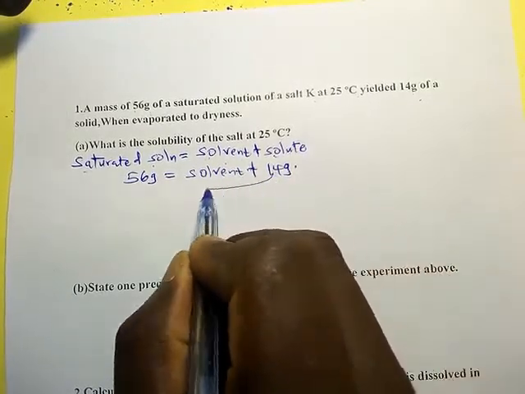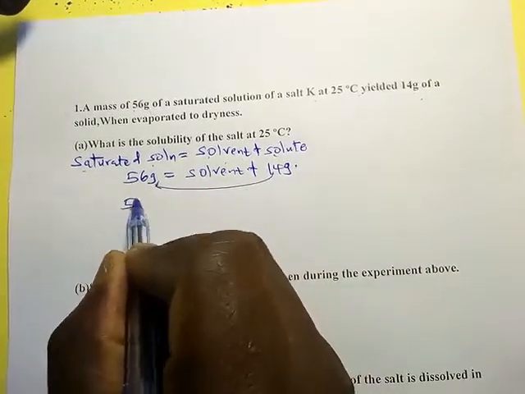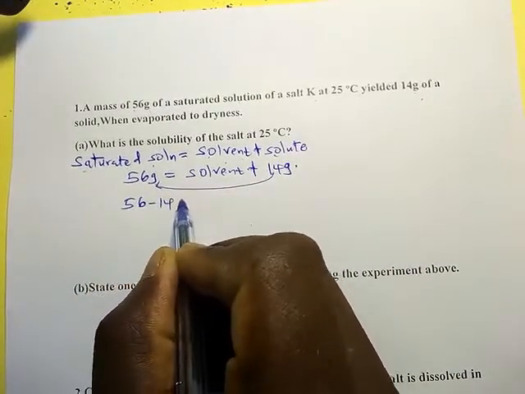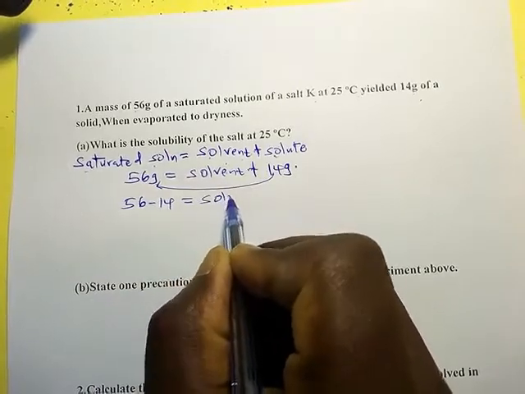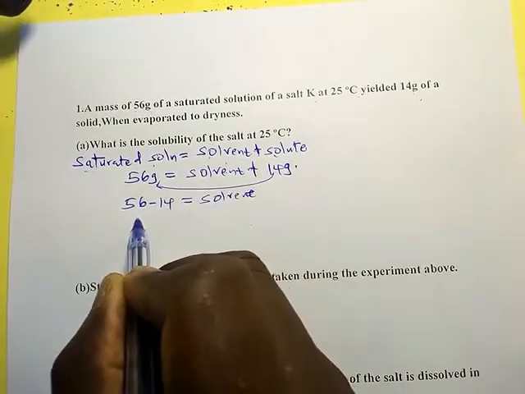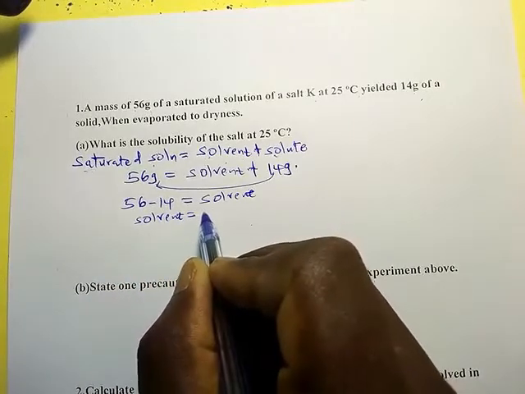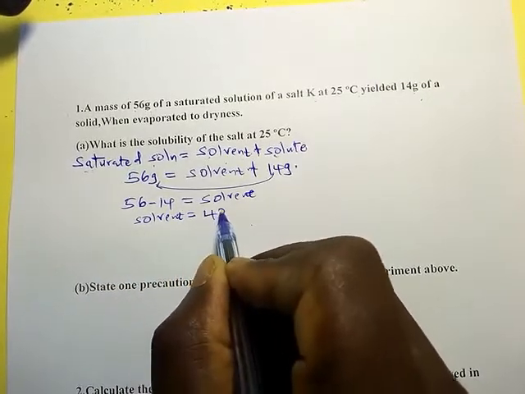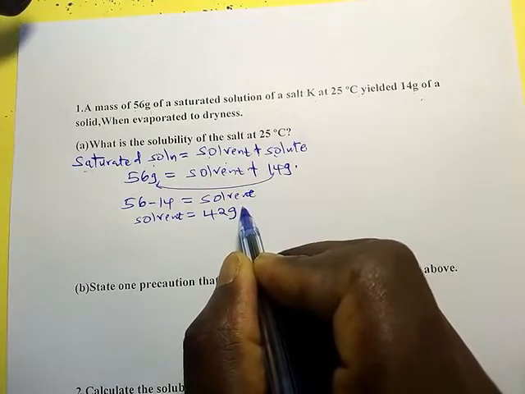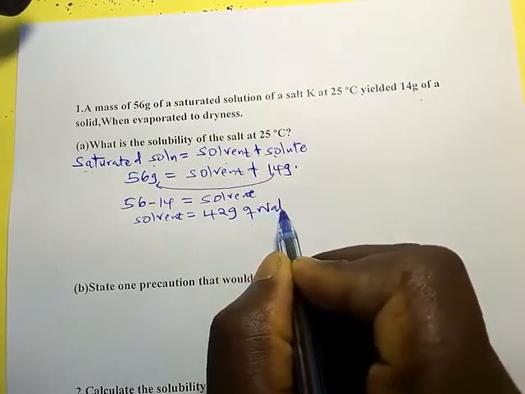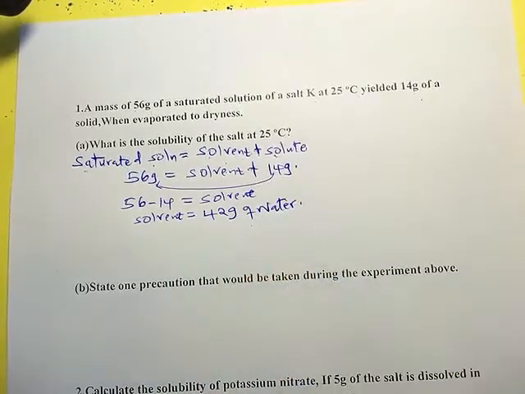We take 56 minus 14, which gives us the solvent. So the solvent is equal to 56 minus 14, that is 42 grams of water.